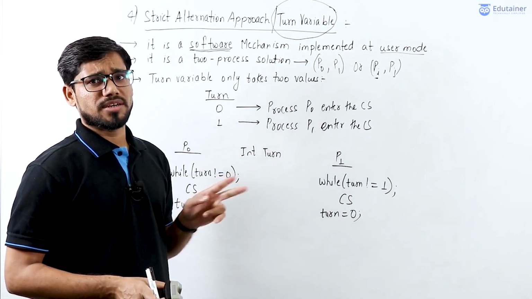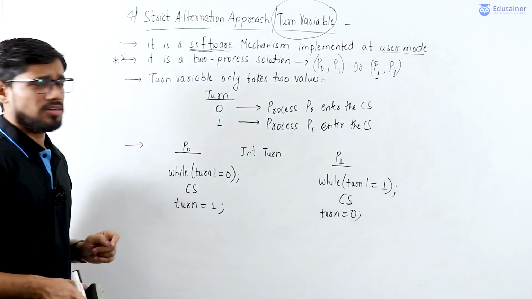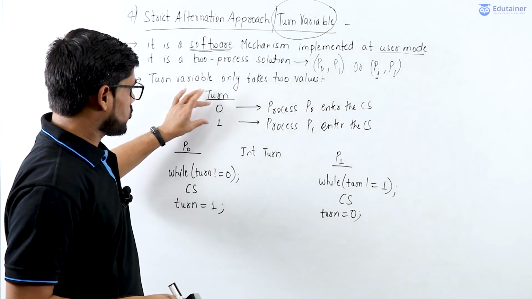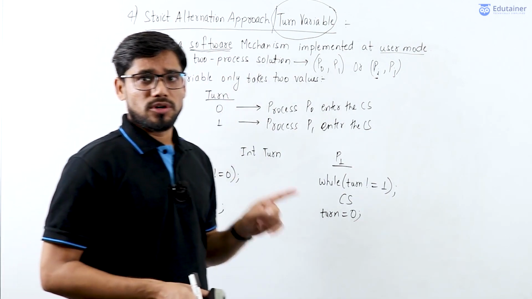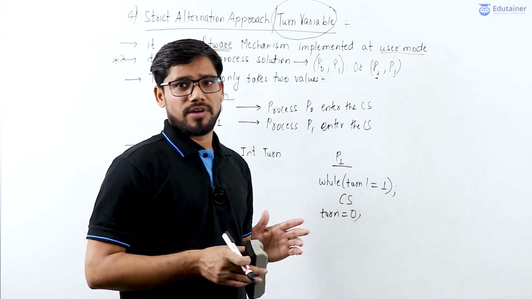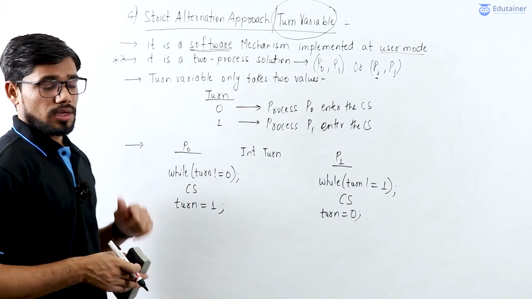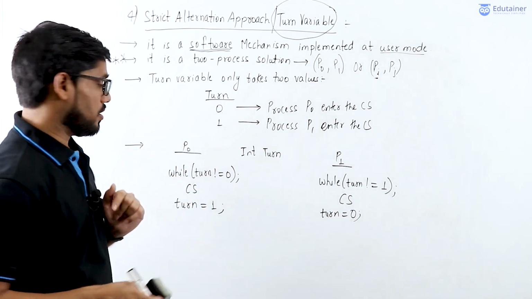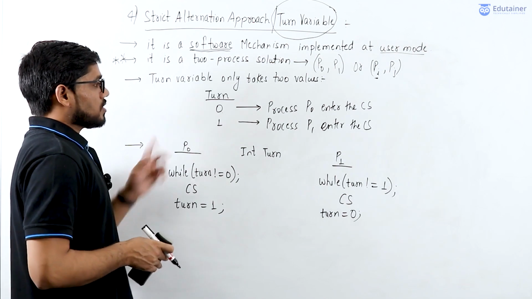So that is the major difference between lock variable and turn variable. And because of this property, the strict alternation approach or turn variable has some more advantage compared to the variable which I have discussed in the earlier video, that is lock variable.